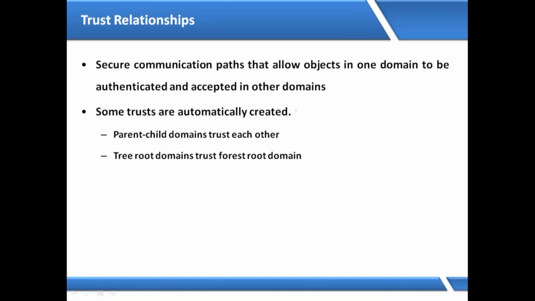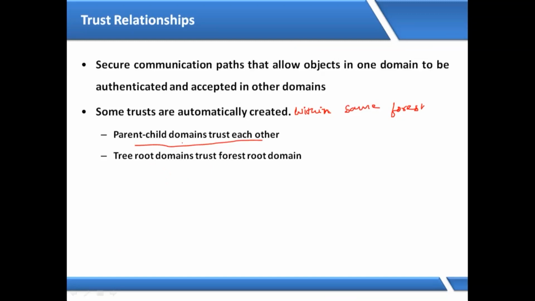Some trusts are created automatically within the same forest, because the relationship between them is parent and child. The parent trusts the child by default, and the child trusts the parent.